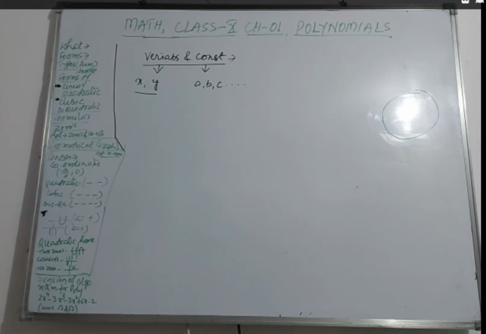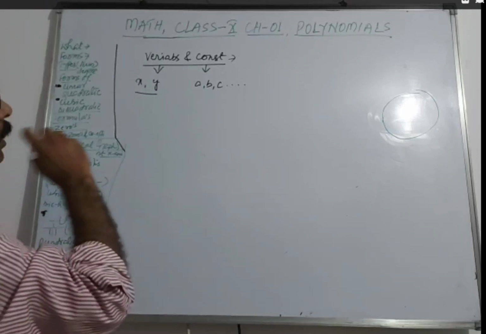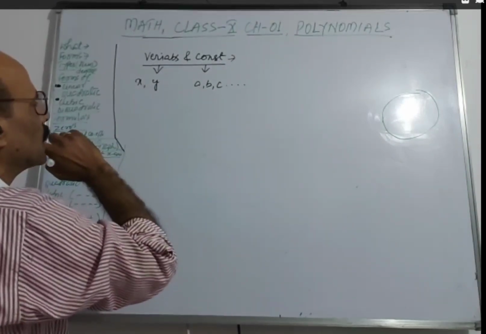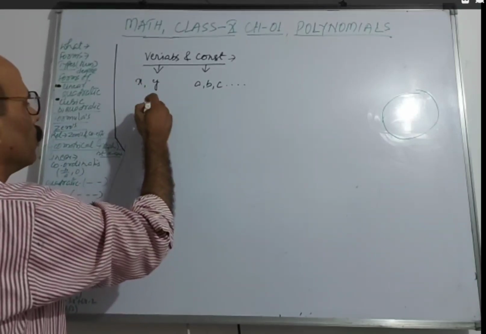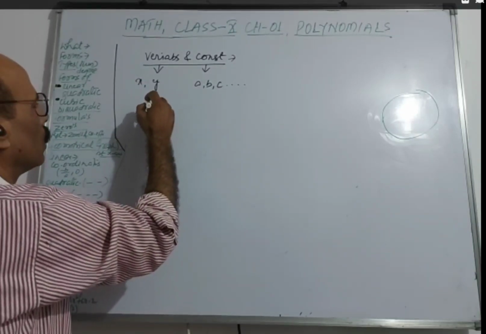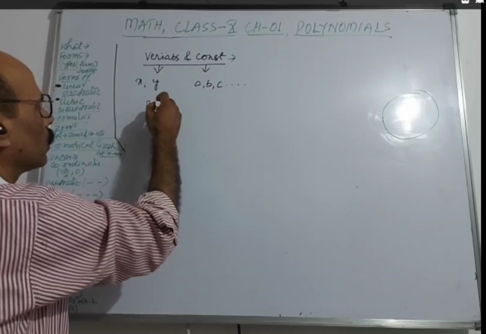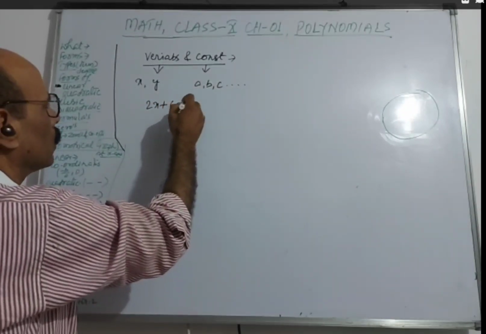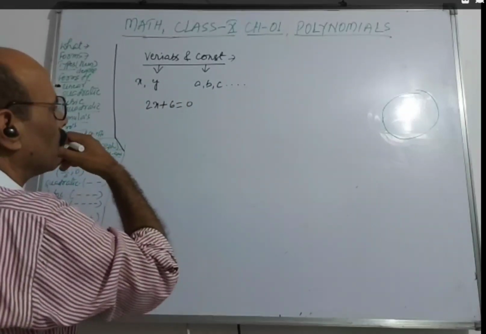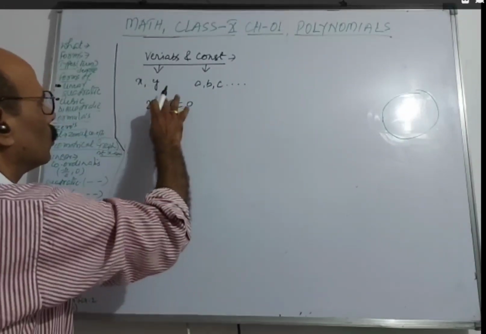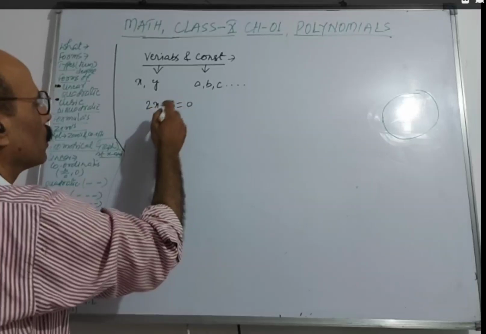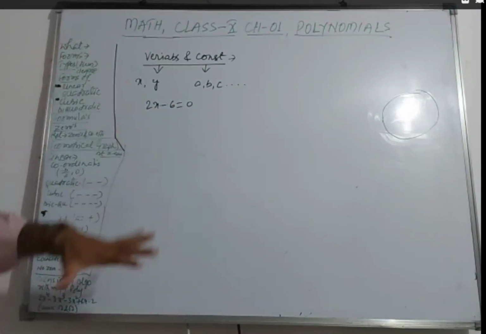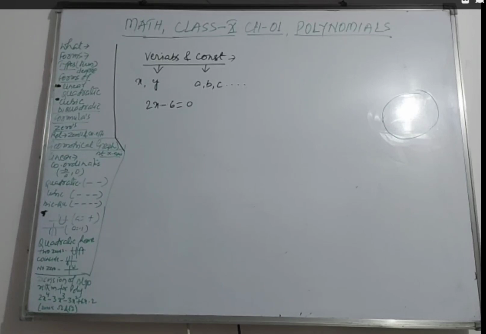So if you want to write a polynomial, suppose a linear polynomial, any 2x plus 6 equal to 0, or 2x minus 6. This is a linear polynomial.